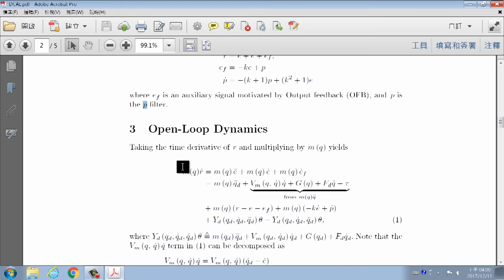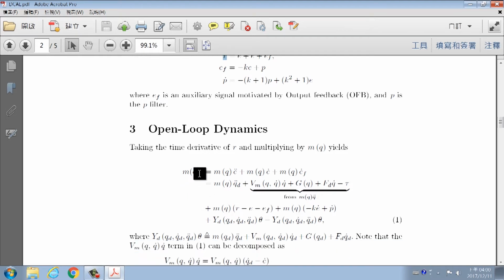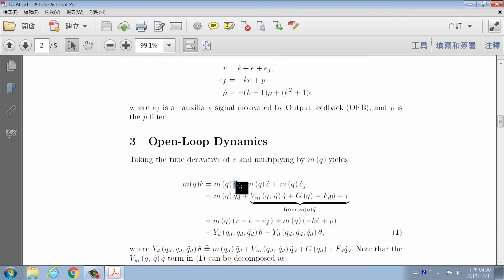Let's do the analysis. Given the R signal defined here, we take the time derivative and multiply by M, which is equal to this, based on the definition of R. So you substitute for E dot, E dot equals QD double dot minus Q double dot.